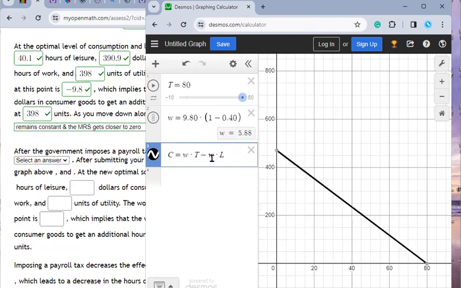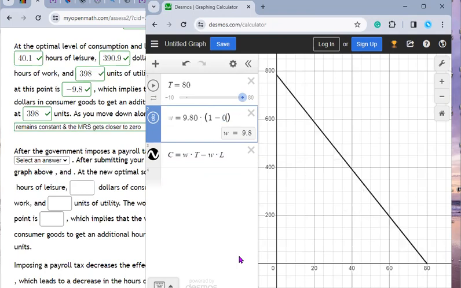So what happens to our budget line? Now, when I copied that in, the budget line changed, right? So let's do this. I'm going to change this back to 0. Suppose the tax rate is 0%. The budget line is steeper, right? If I change this back to 40% tax, what happens?